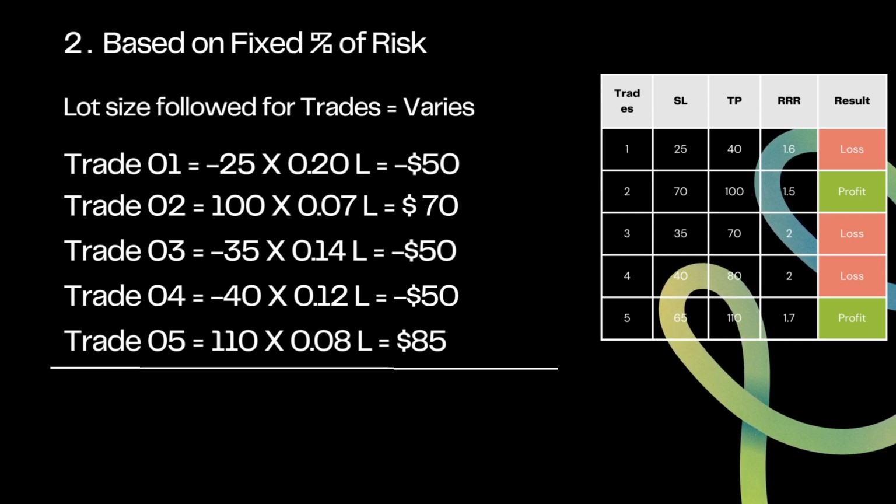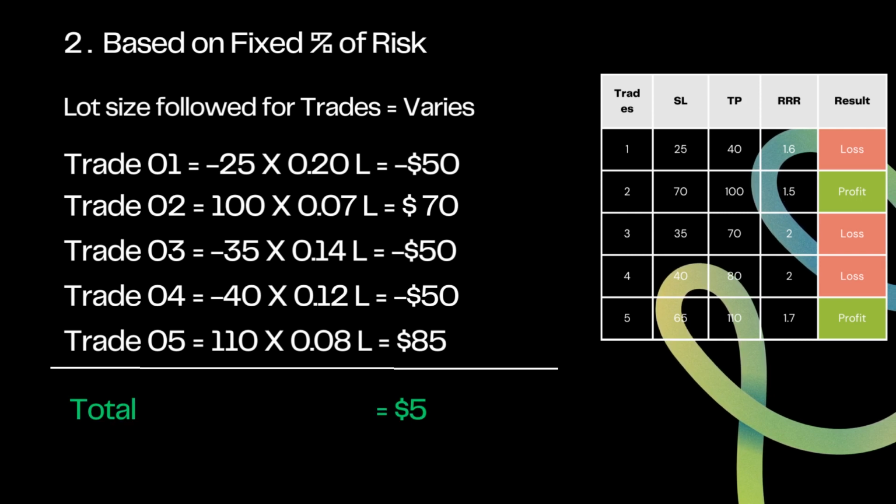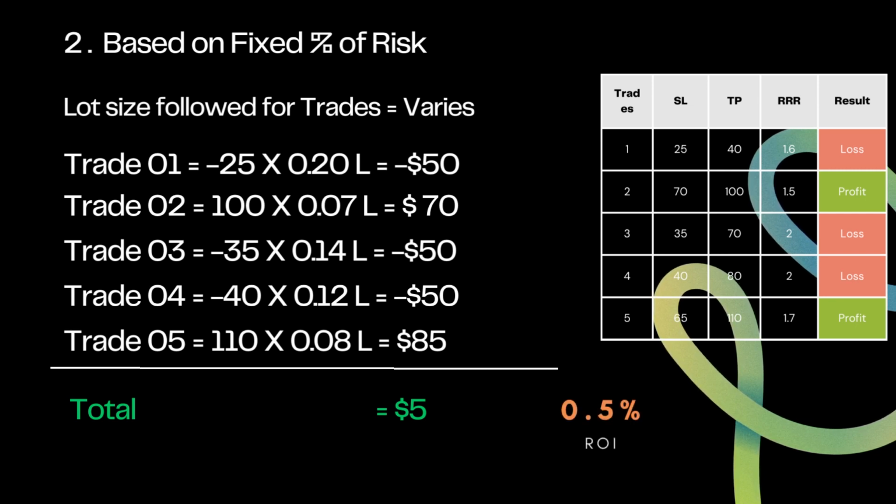So altogether, if you tally it up, we can see that we have received only $5 with this method, which is equal to 0.5% return on investment, as against $55 in our first method.